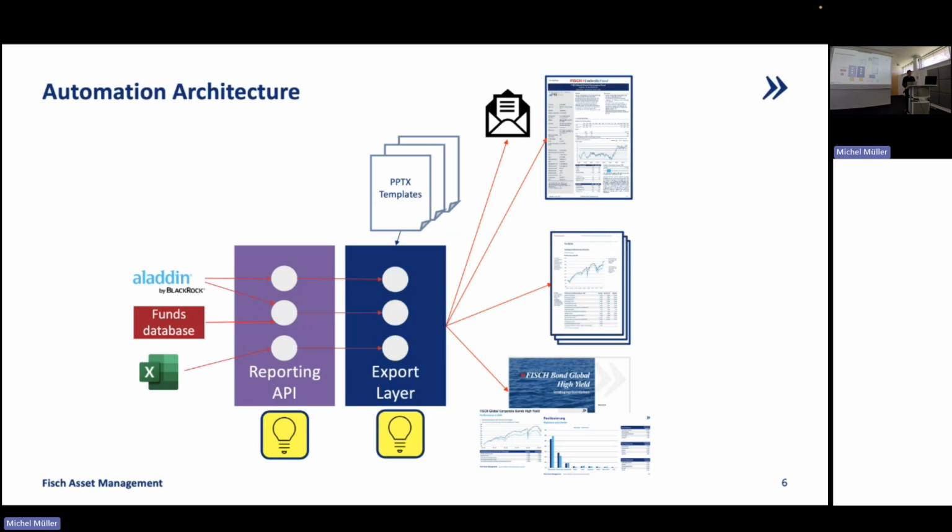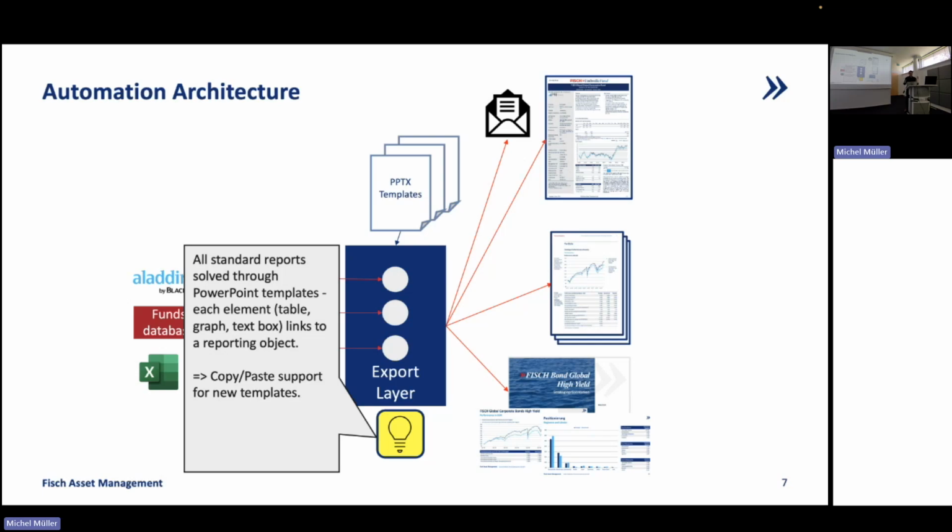We mainly base our reports on PowerPoint. So we have a whole lot of PowerPoint templates that get loaded into the system. Then basically all the linkages to the data will be extracted, and then with some parameters, we generate these reports, as you see here, examples: fact sheets, portfolio reports, and sales presentations.